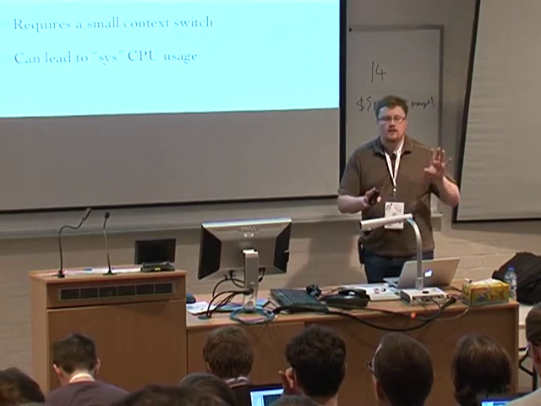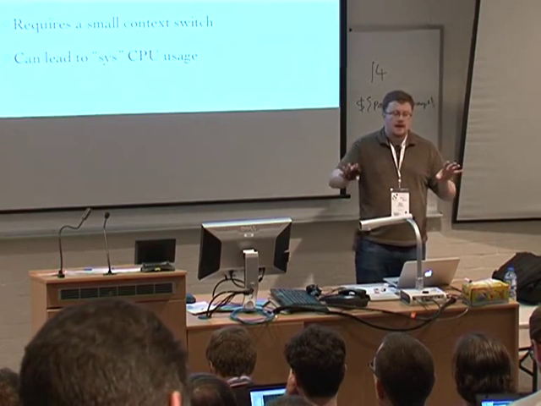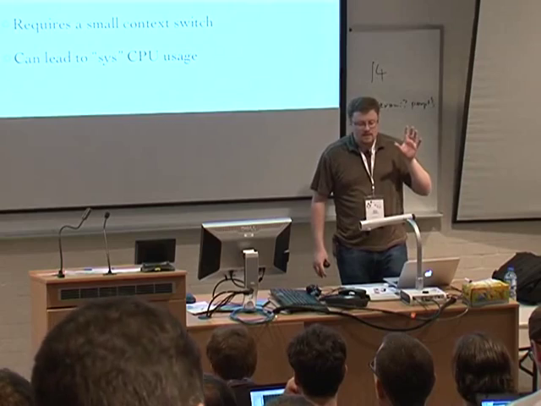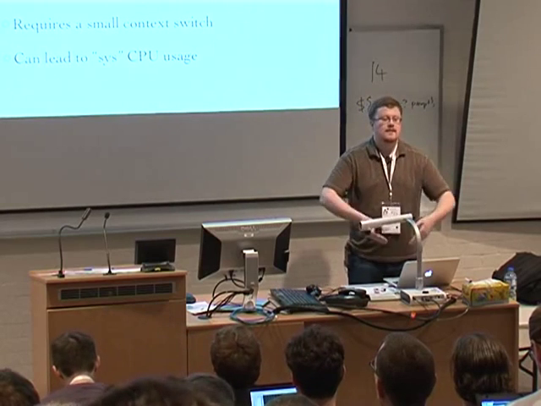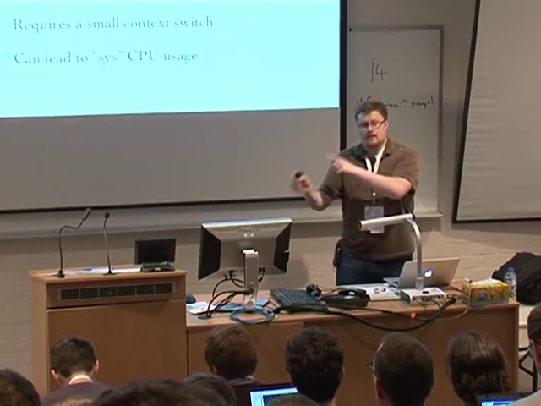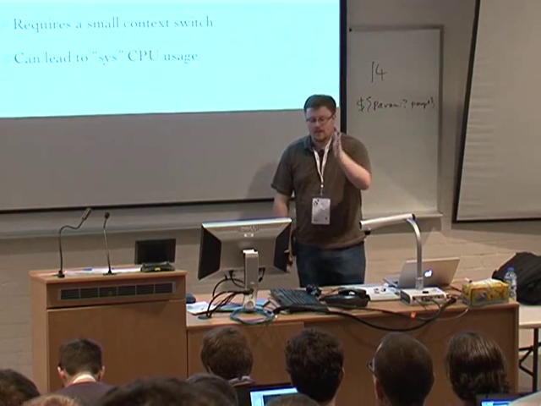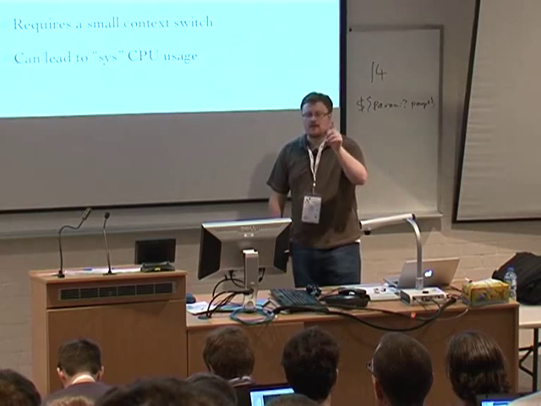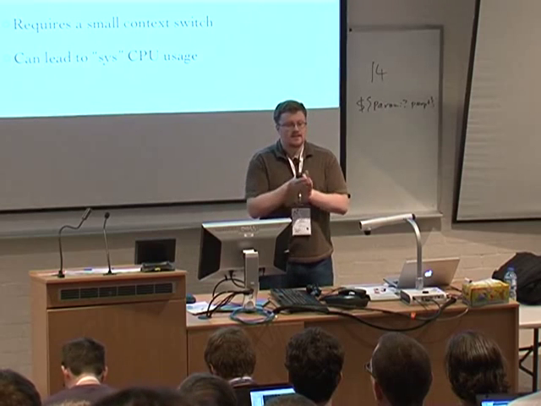But to talk to the kernel, you have to do a small context switch. If you remember earlier, we were talking about user CPU usage, system CPU usage, idle, and IO wait. If I say I want to open this file, my program is running, it's executing open, it calls the kernel. You've used a little bit of user CPU time. You call the kernel, you have to context switch into the kernel. It's very lightweight. It's not like switching to another program.